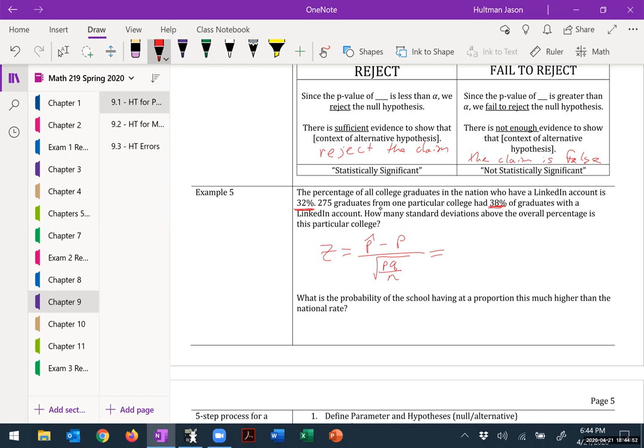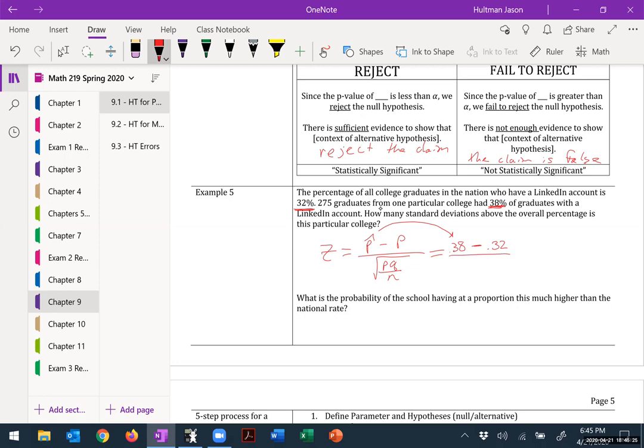So what is p hat? This is the percentage of the sample, which is 38%. What's the percentage of the claim? The nation is at 32%. That's the population percentage we're claiming against.